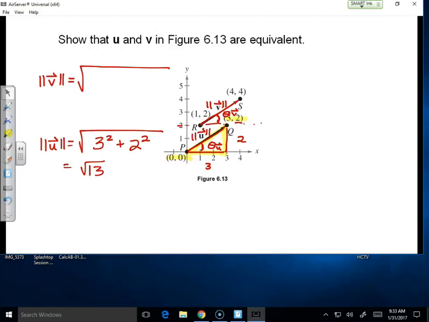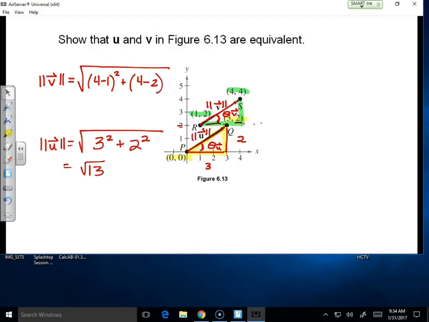How do I find v using the same or a similar process? We could make a triangle if we want. And couldn't we also use the initial and terminal points to help us? Okay. So then, how do we know the horizontal? Good. Subtract each of the x's, right? And then how do we know the vertical?